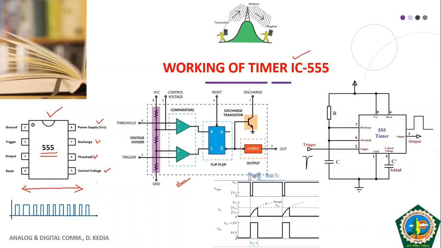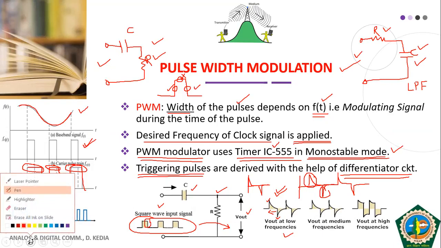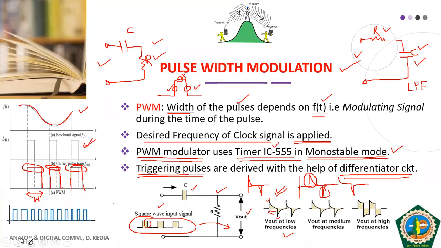Before we move into the working of this 555 timer IC, I need to explain one more concept. I told you here that the IC 555 timer for PWM will be working in monostable mode. This IC 555 can work in three modes: astable mode, monostable mode, and bistable mode.